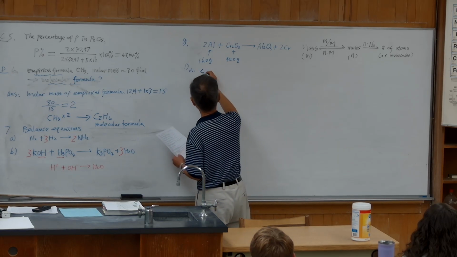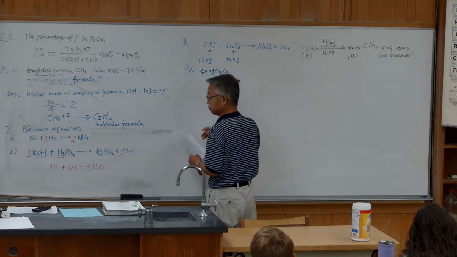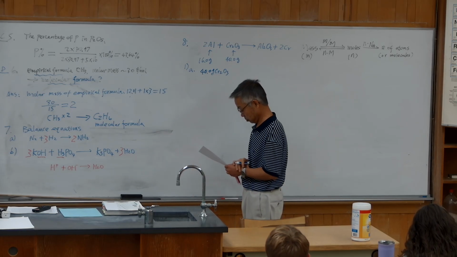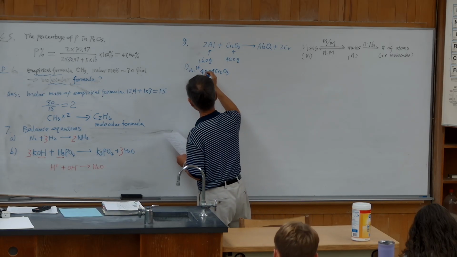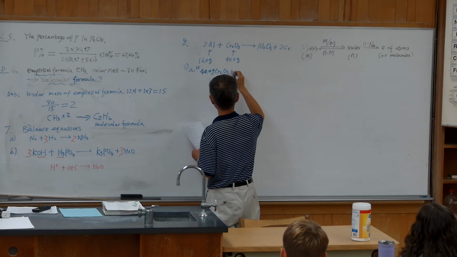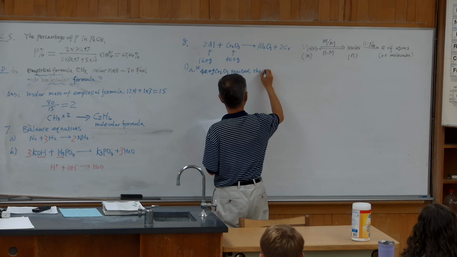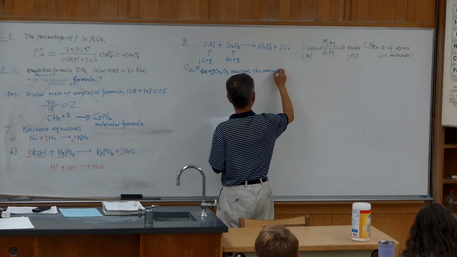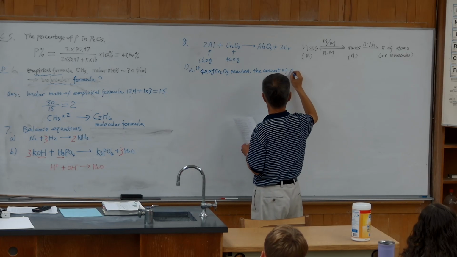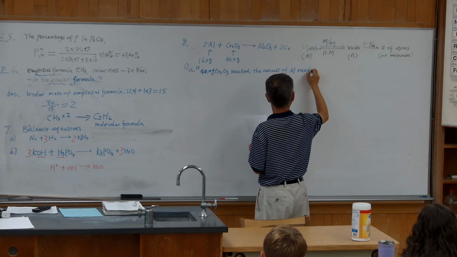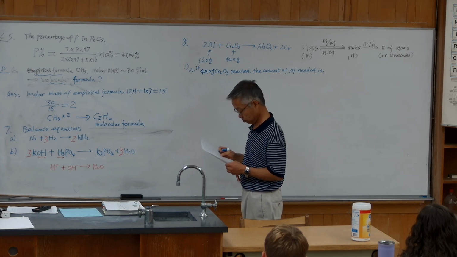If I pick 40 grams of Cr2O3, we can figure out how much aluminum is needed.